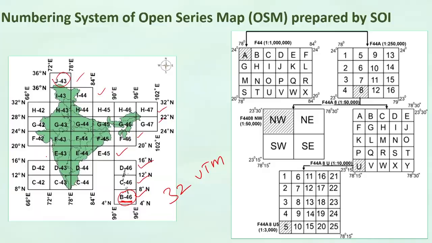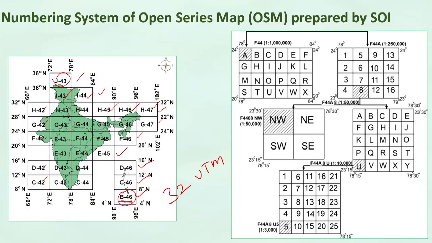Here, if you look at the columns, these columns are numbered as 42, these are 43, next 44, next 45, next 46, next 47. This indicates UTM zones. The whole world, you will learn in detail about UTM zones in the upcoming lecture series, the Universal Transverse Mercator projection.